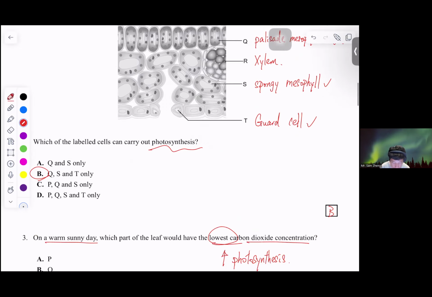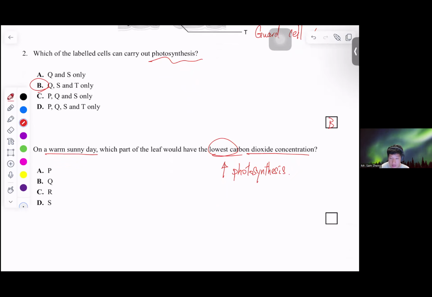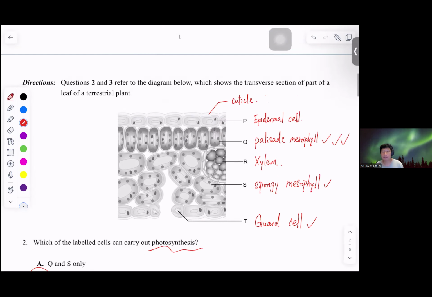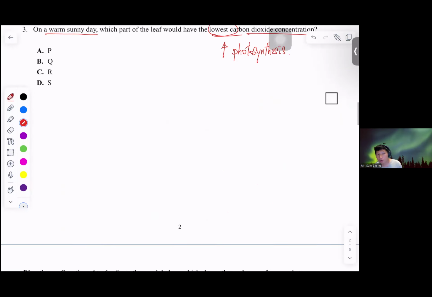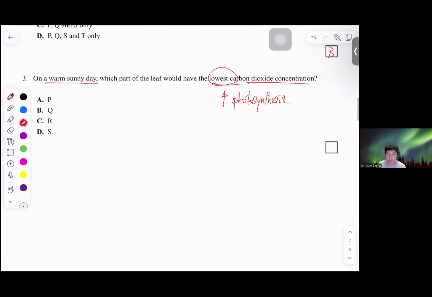It has the highest photosynthetic rate because the cells are closely packed and have more chloroplasts, so they can undergo greater photosynthesis. So in this case, B would be the one with the lowest carbon dioxide concentration, because most of the carbon dioxide has been used for photosynthesis.